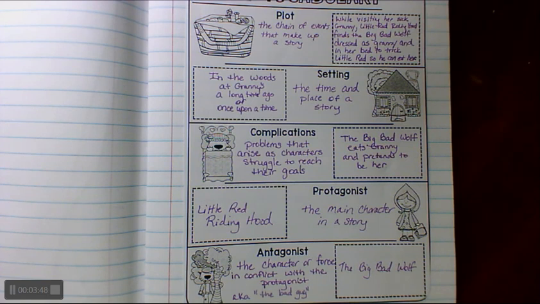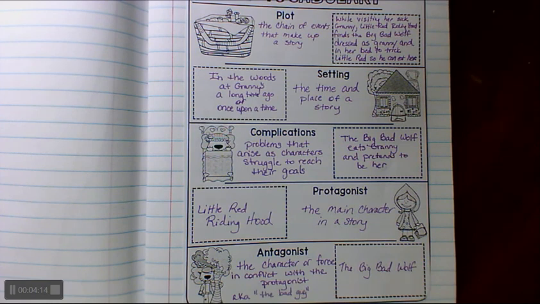The setting is the time and place of a story. In the case of Little Red Riding Hood, the setting is going to be in the woods. It's going to be at Granny's house. And the time can either be a long time ago or once upon a time. It really depends on what version of the story you are reading, because I've heard it both ways. But the setting is basically when it happens.